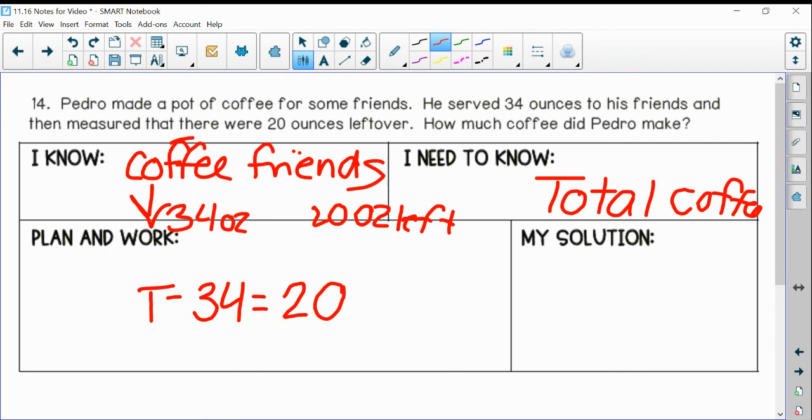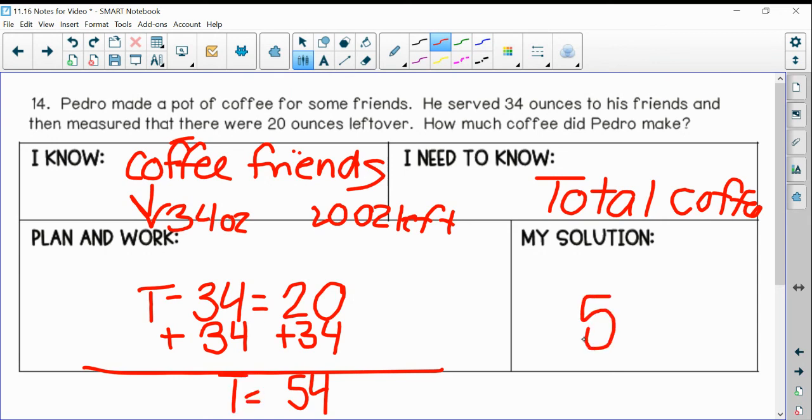So if I get rid of this subtraction, how do I get rid of subtraction? Addition. We're going to add 34 ounces to both sides. So 20 plus 34 is 54. He started out, he brewed 54 ounces.